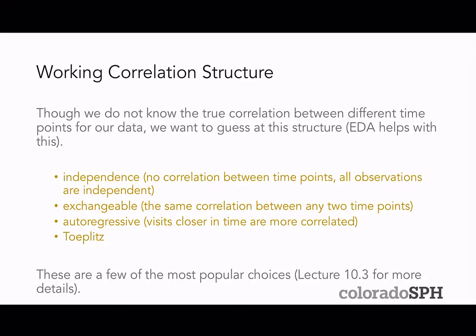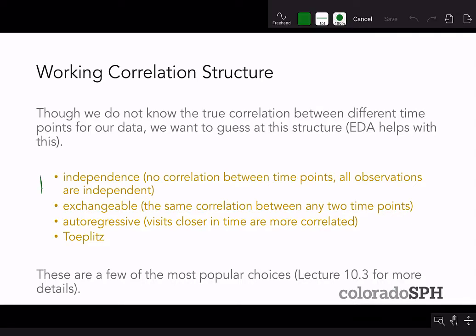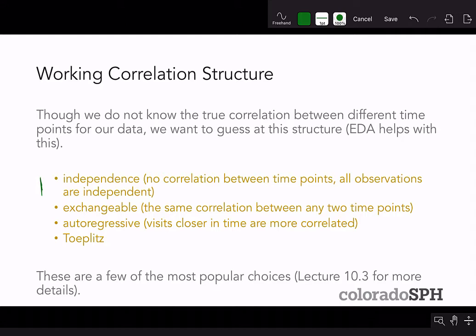Since we don't know the true correlation between different time points for our data, we want to guess at this structure for the sake of our modeling. And EDA, or exploratory data analysis, can help with this. But some of the most common correlation structures, which are also referred to in more detail in lecture 10.3, are independence, which is no correlation between time points.